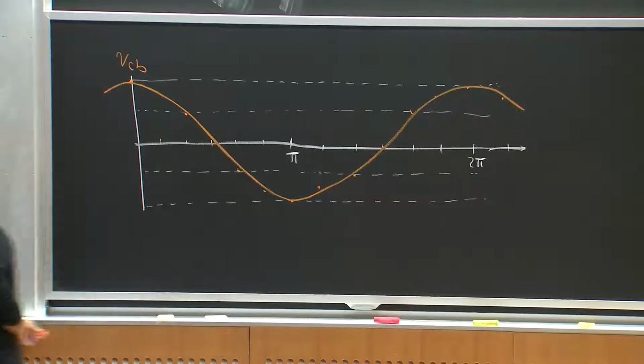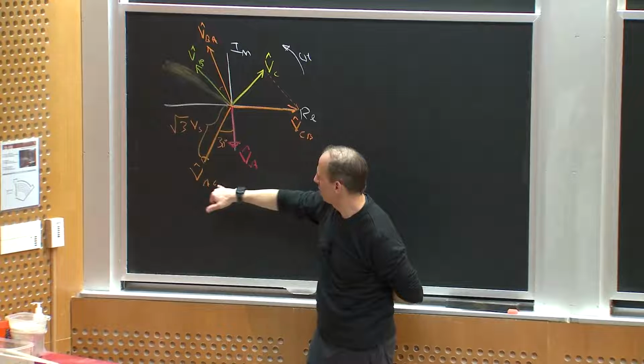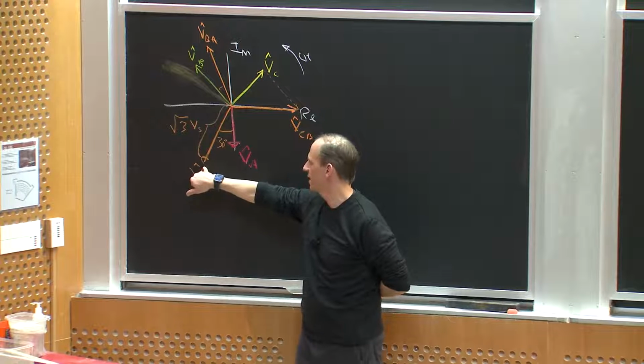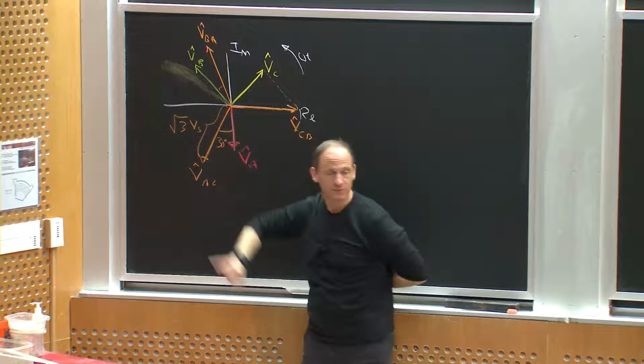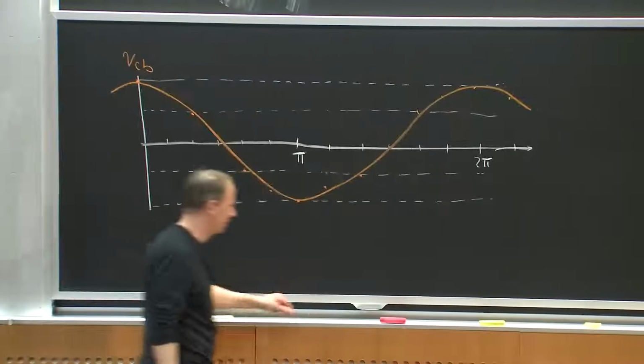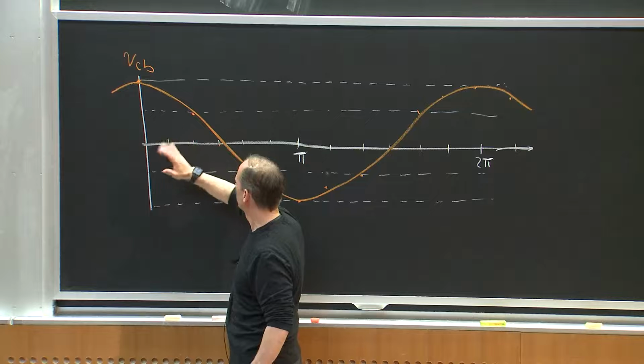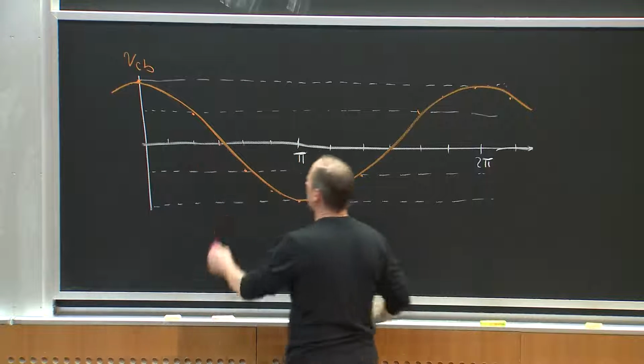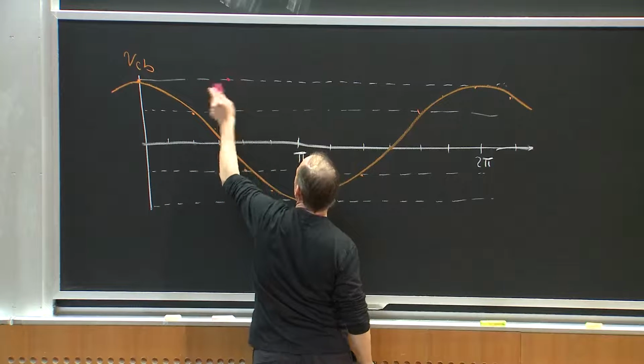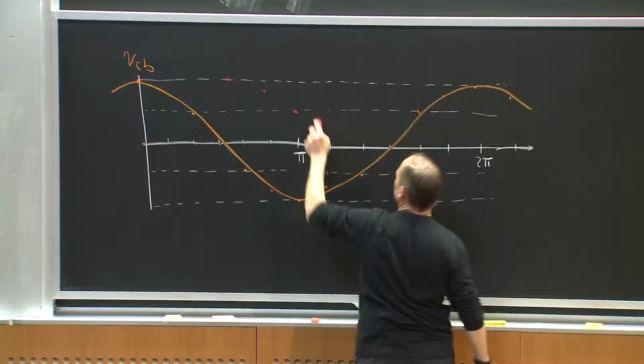The next line-to-line voltage that rolls around is VAC, right? And he's delayed by 2 pi over 3, so 1, 2, 3, 4. He's going to have his maximum here.